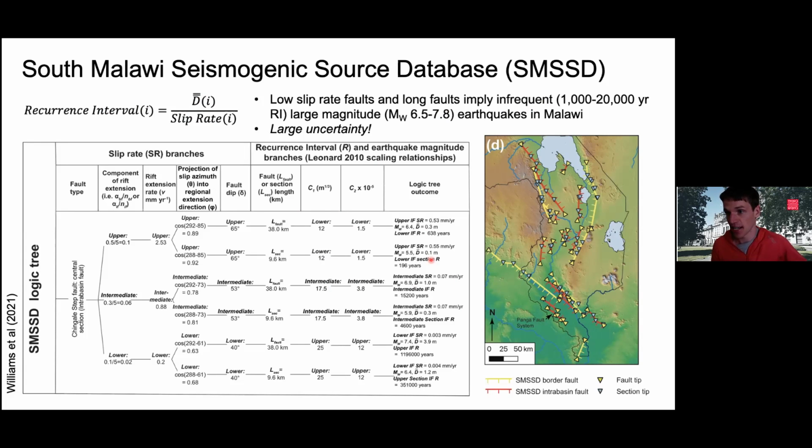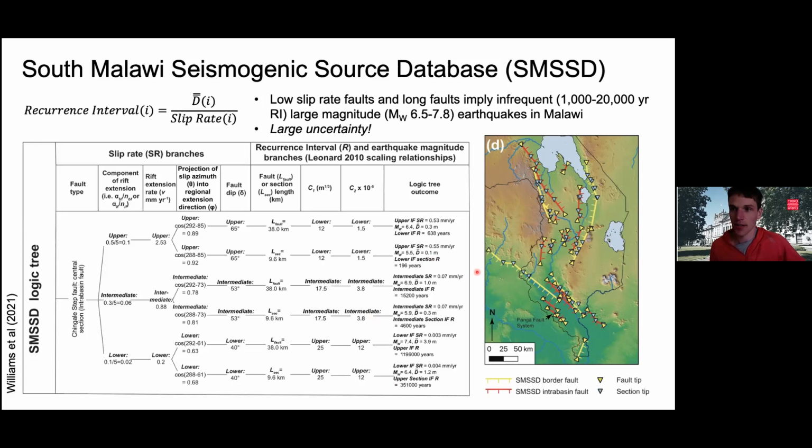I should also mention that you can't always assume that a fault is going to rupture its entire length in an earthquake. It might rupture in shorter sections where you've got geometrical complexity. So we've tried to identify some of those geometrical complexities in the fault network in South Malawi, shown by the blue triangles in this map, and also tried to identify where you've got closely spaced faults across strike that might rupture together in a multi-fault earthquake.